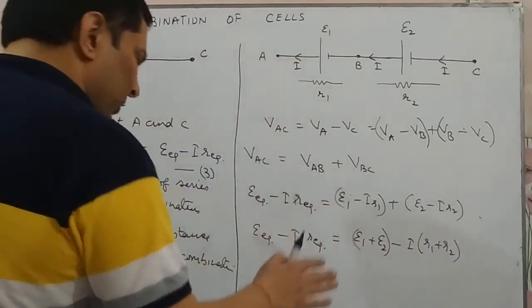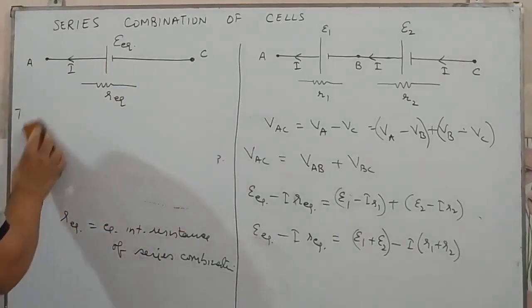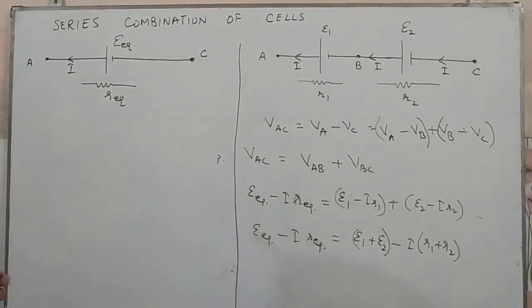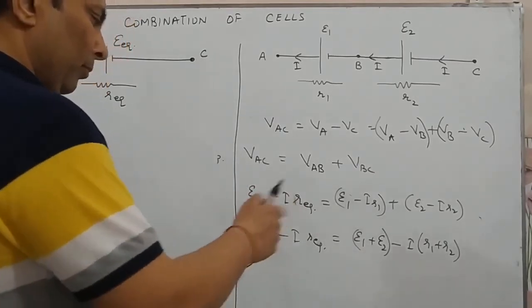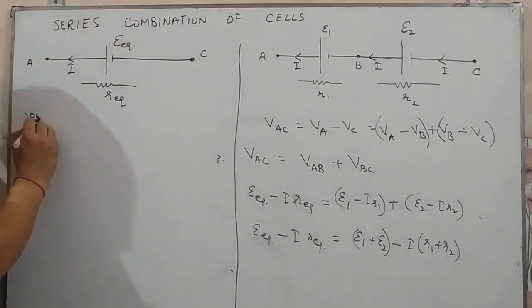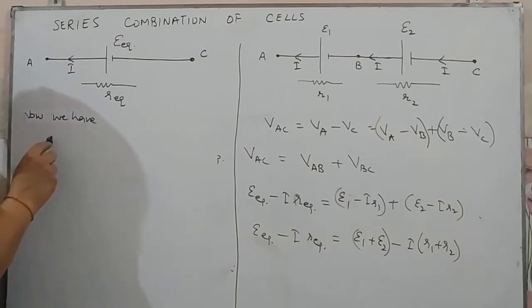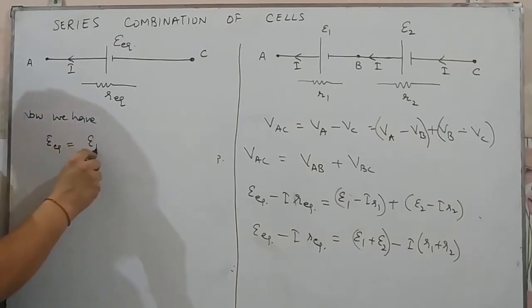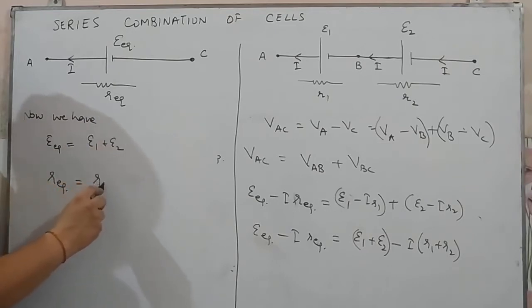So from this we get the result: E equivalent is equal to E1 plus E2 and R equivalent is equal to R1 plus R2.